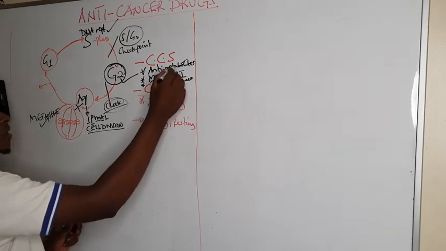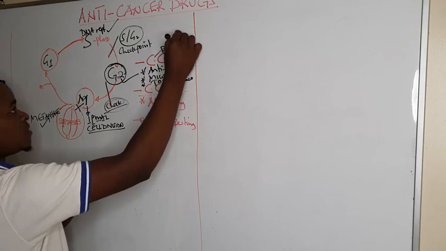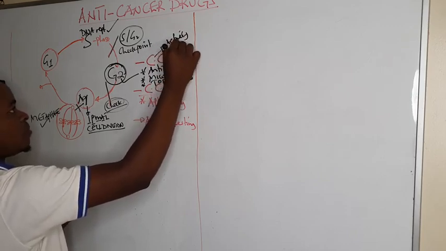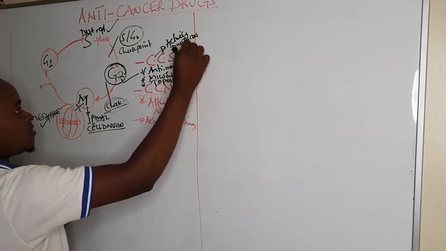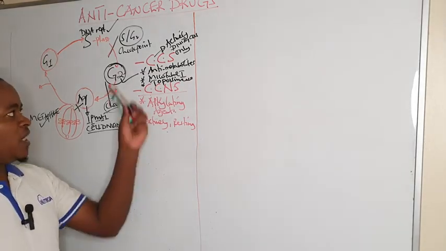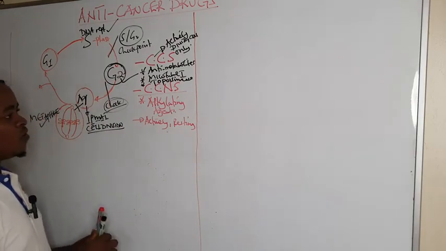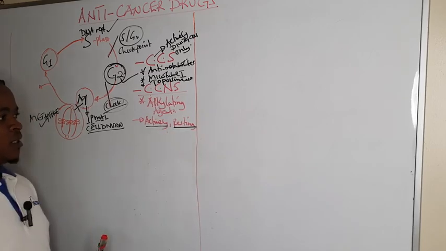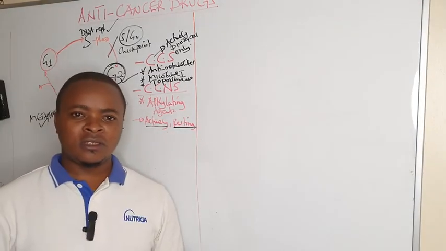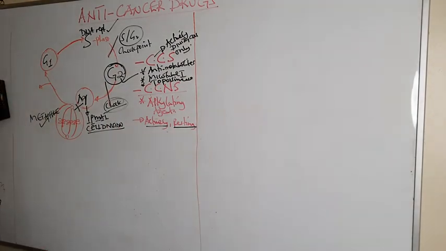These ones work on actively proliferating or dividing cells only. So they are good at actively dividing cells, whereas the cell cycle non-specific ones are good on both actively dividing and resting cells. So we can now start individual drugs.